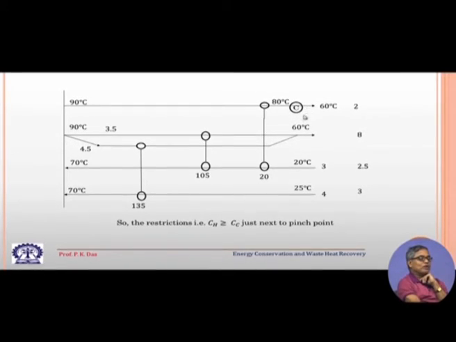How much cold utility we have to use, you can calculate and you will see whatever solution we have got. So, with that cold utility we will be able to satisfy this situation. So, this gives the solution of the cold end of the problem. So, with this we will be able to design the cold end.